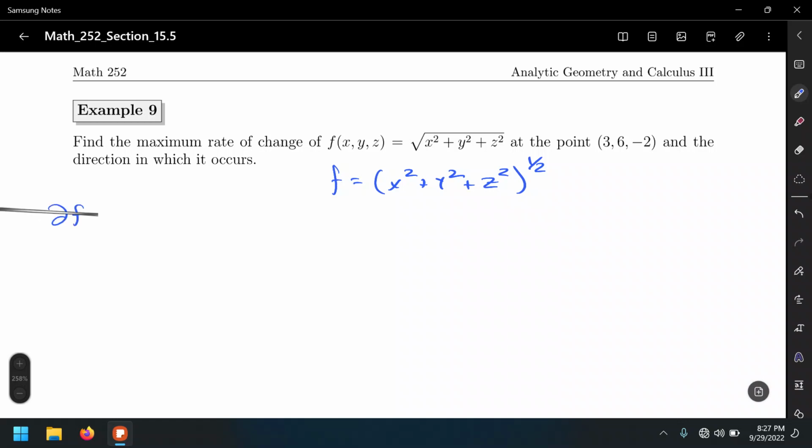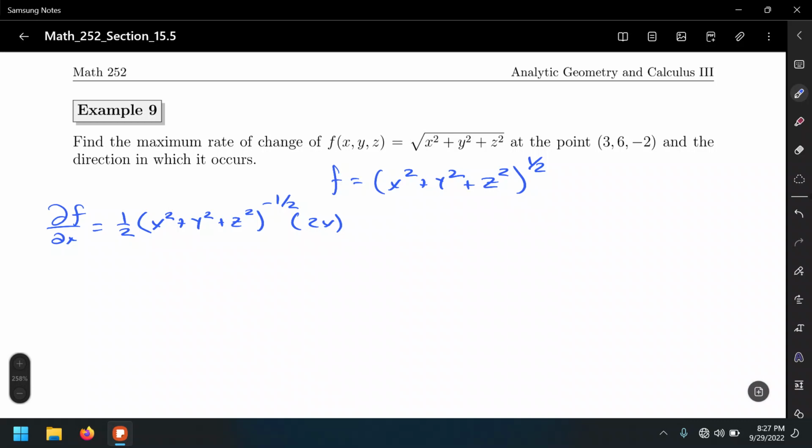So, partial of f with respect to x. Well, so mini chain rule here. That's going to be 1/2 times (x squared plus y squared plus z squared) to the 1/2 minus 1. But 1/2 minus 1, isn't that negative 1/2? And by chain rule, we multiply by the derivative of the inside of the parentheses, but in this case with respect to x. What's that derivative? 2x.